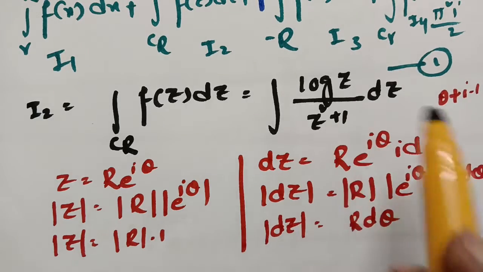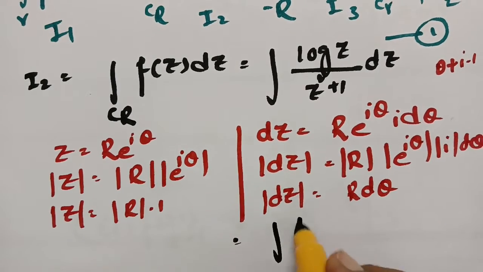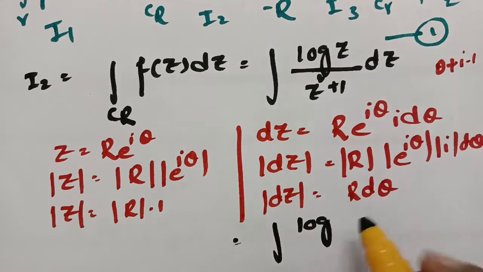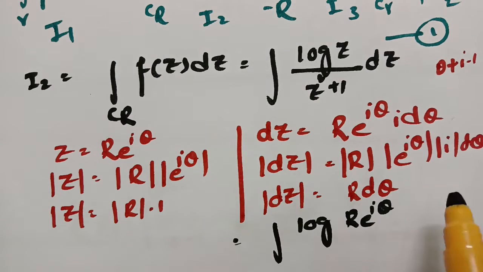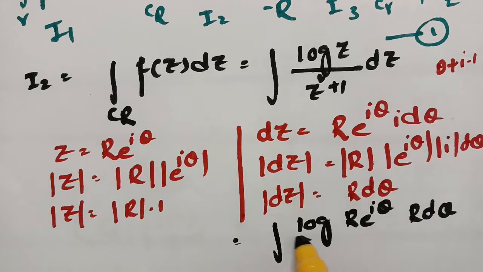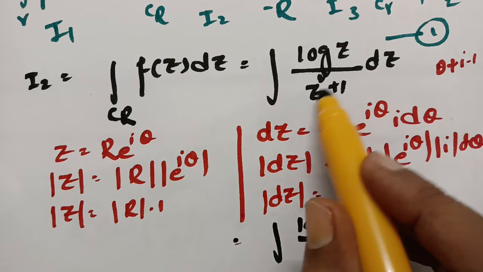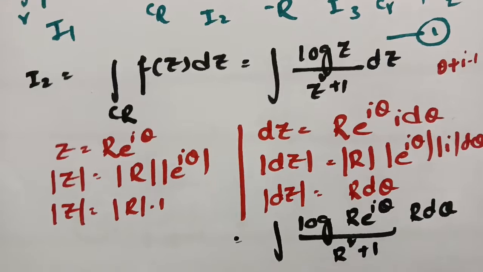So if I substitute both in this, in place of z I write r into e^(iθ), and in place of dz, r dθ. And for z² plus 1, in place of z I write r, so this is r² plus 1.